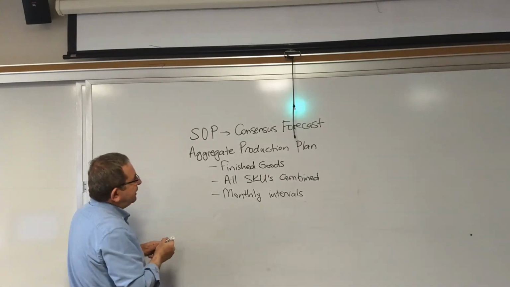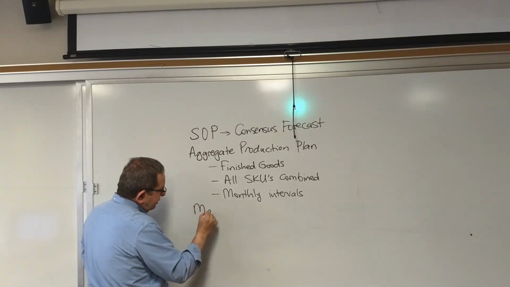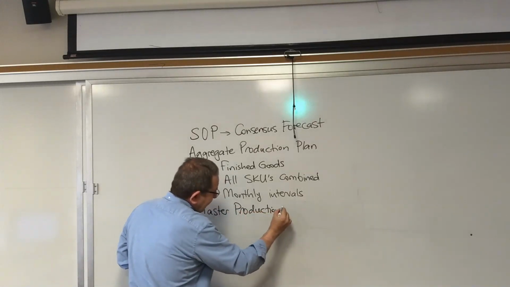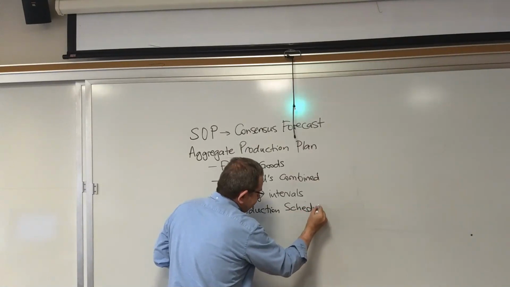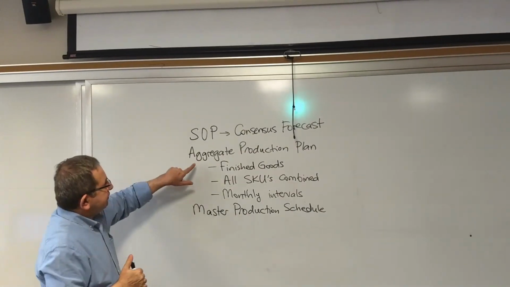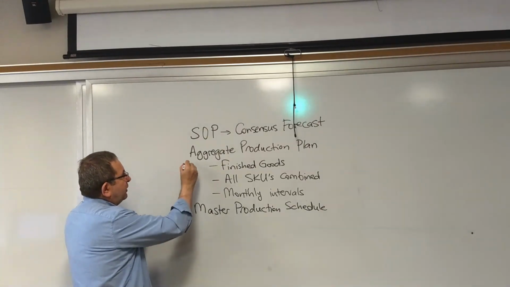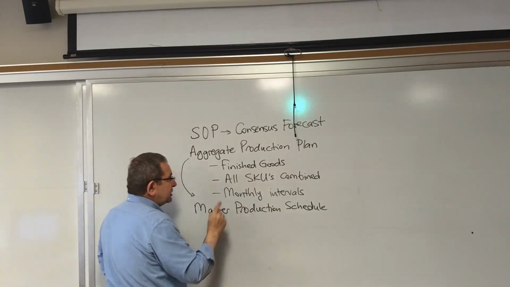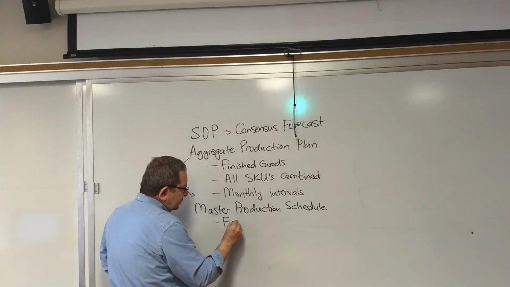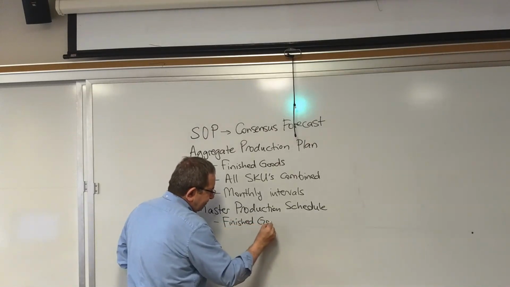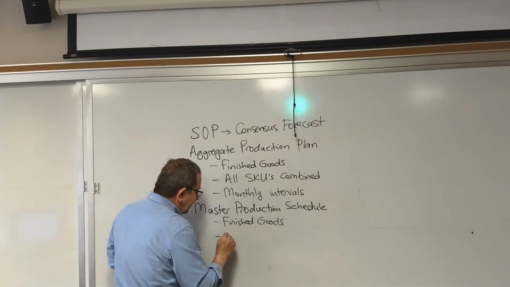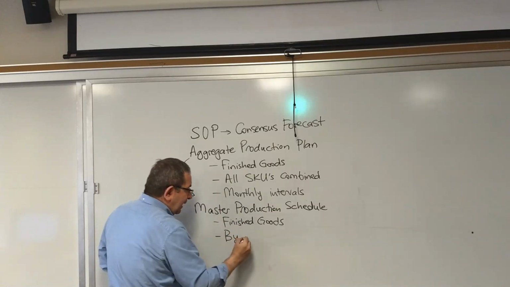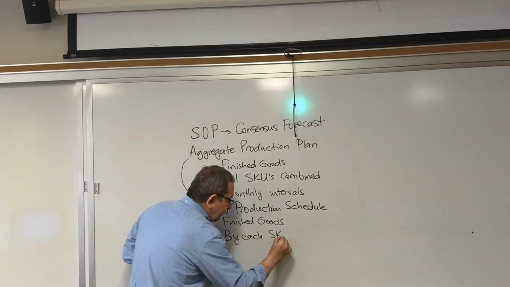So what happens after this is the master production schedule. Here, you start with the aggregate production plan and you go to the master production schedule. And the master production schedule still looks at finished goods. However, you break up total production by each SKU.